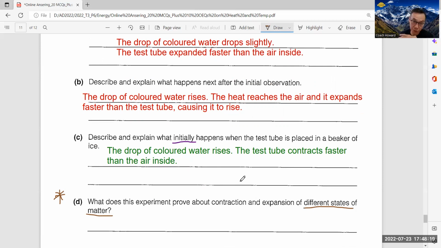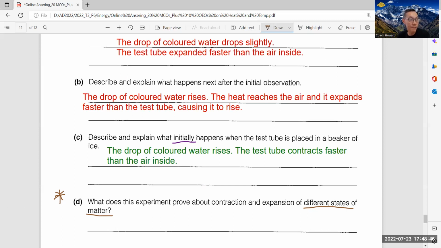So now they're asking you, from what you have seen here, what does this experiment prove? Does it mean what does this experiment show about how solid and gas behave in terms of contraction and expansion? Okay, so actually you can see that solid, right?